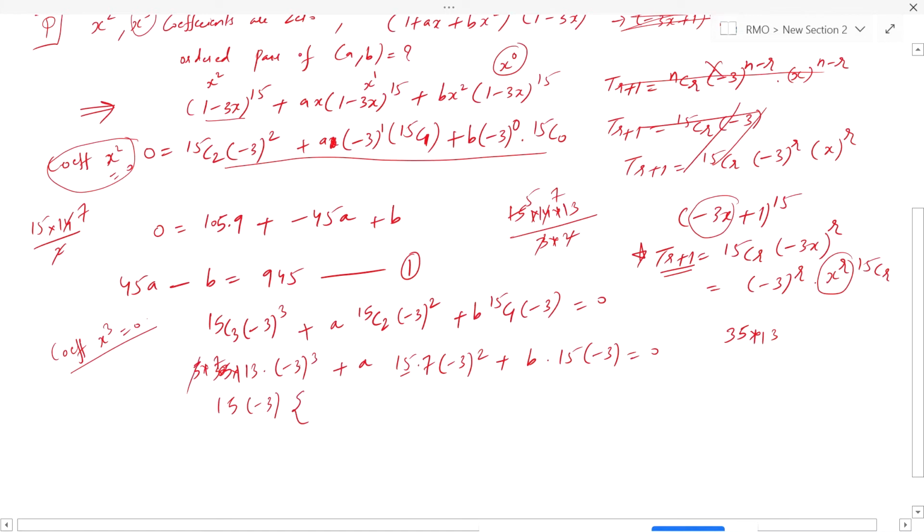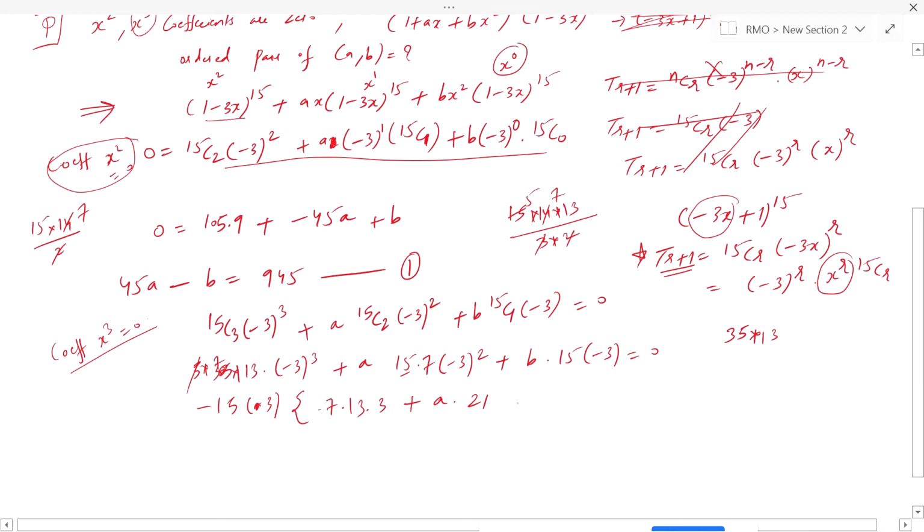So 5 into 9, and take 45 common. 5 into 9, so it's 7 into 13 into 3. Take the minus out too. Okay. So then it's A into 15 into 3, so it's 21.